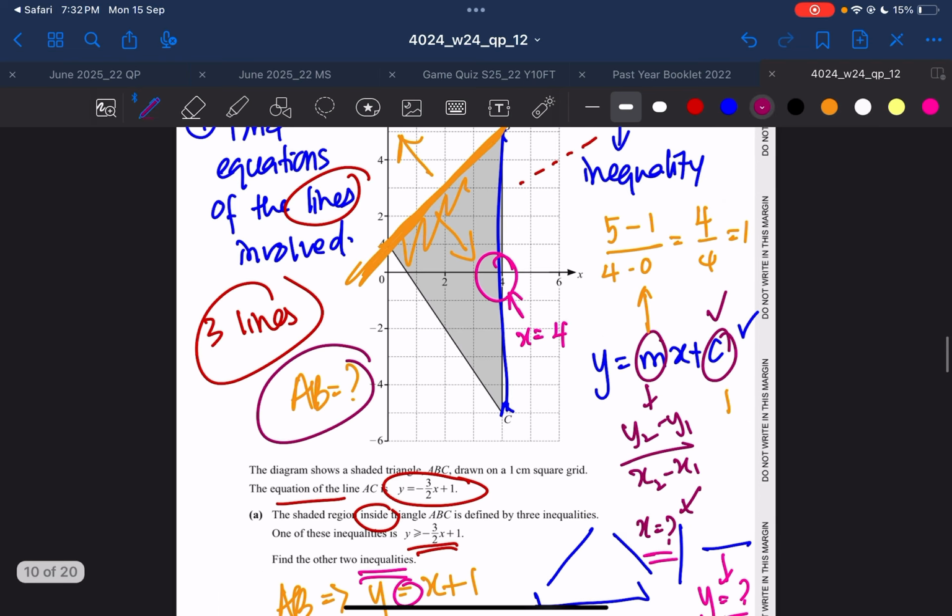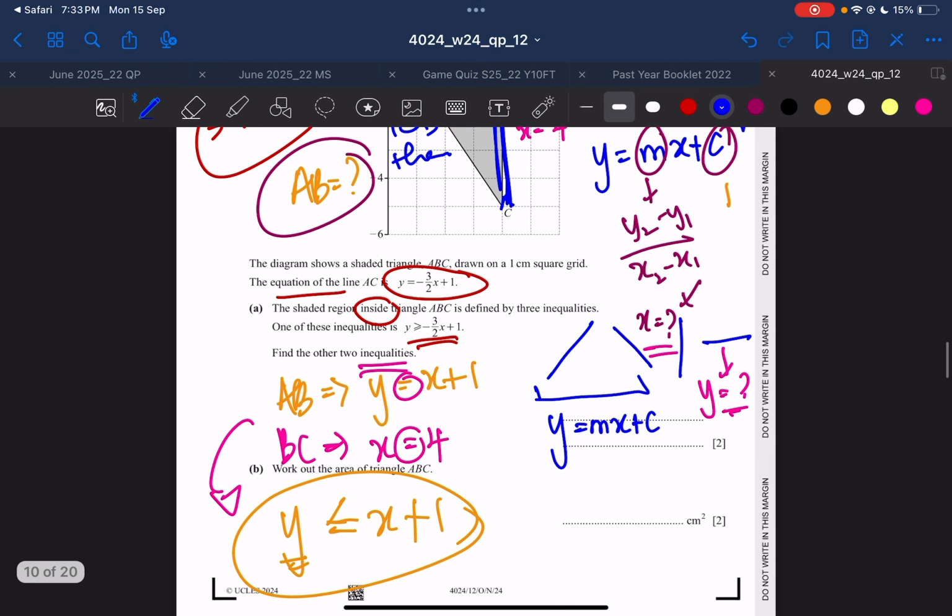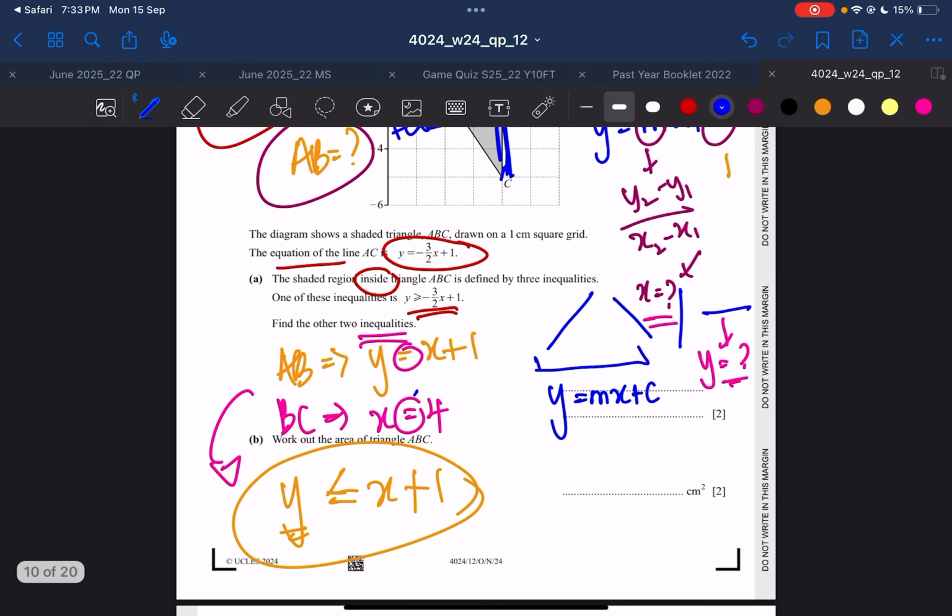And then the next one is the blue one. So focus on the blue line. This is our right and this is our left, meaning automatically this is more than, and then automatically this is less than. What we want is less than, because the shaded part is the left side. So we just change it to x is less than or equal to 4.